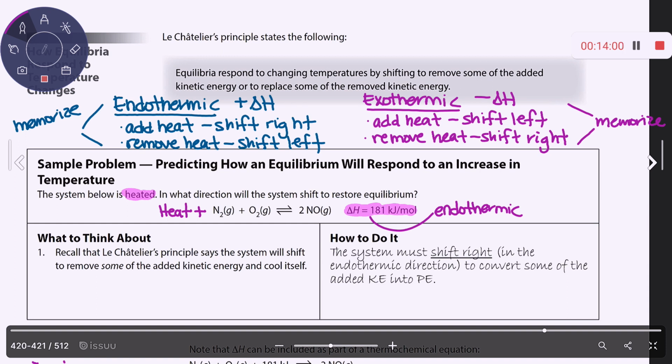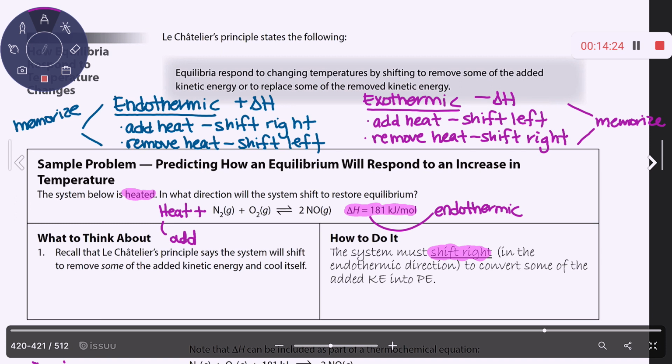So if I heat something, aren't I adding more of a reactant if it's endothermic? Does that make sense? So when you add more reactant, don't you always move to the other side? So we are shifting right because we've got to bring this heat down. So we're going to consume some of that added heat when we shift to the right, okay?